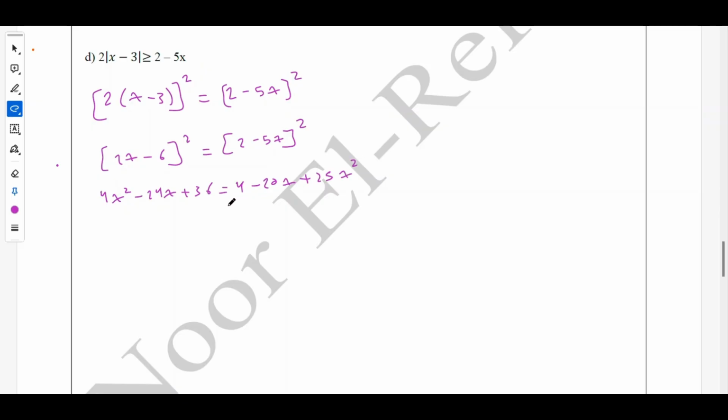I'm going to move all the terms to the right side: 21x squared plus 4x minus 32 equals 0.